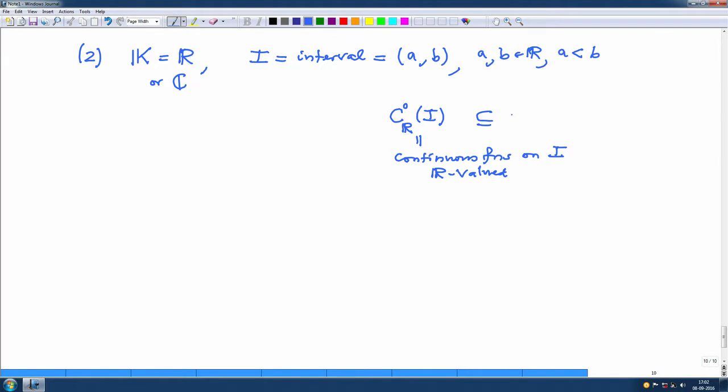This is a subspace of R power I. So the big vector space is R power I, and this is a subspace there. Another subspace here is, if you remember, when I did examples of subspaces, C1 of I, R. That means continuously differentiable functions.